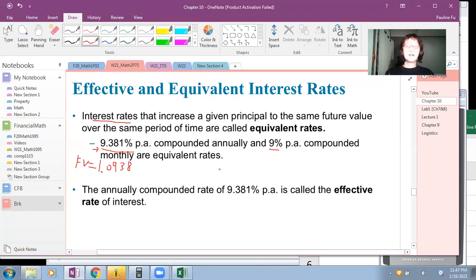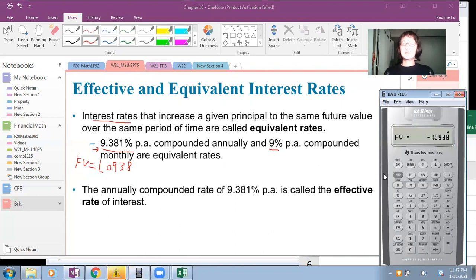Now, how about if interest is 9% compounded monthly, what would $1 be in 1 year? Second quit, because it's compounded monthly, PY equal to 12, enter.